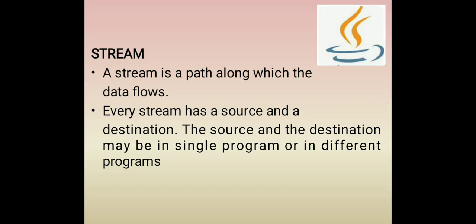So in a stream there will be one source program and one destination program. One program will write on the stream and one program will read from the stream. The program that reads is called input stream and the program that writes is called output stream, right?